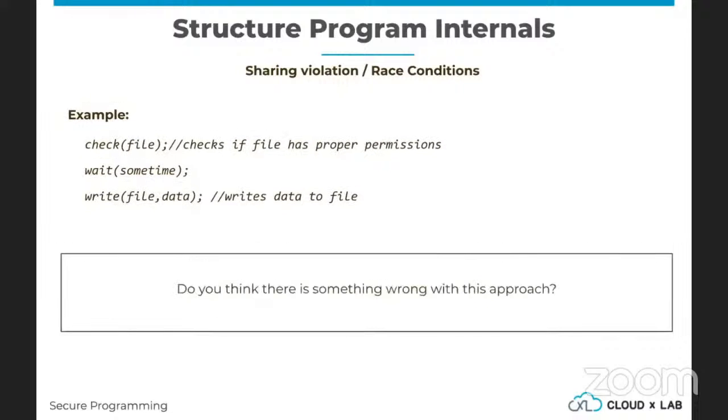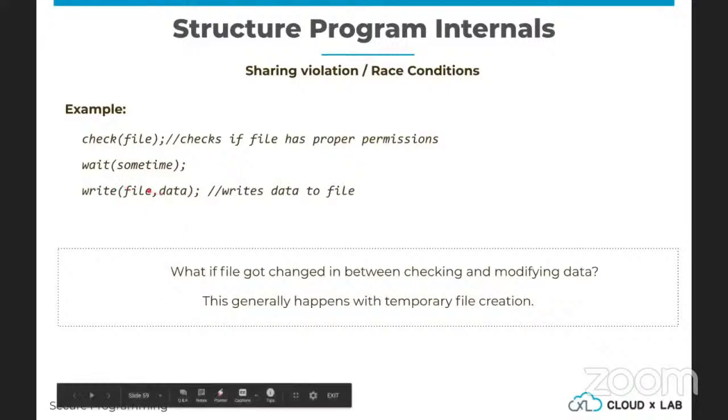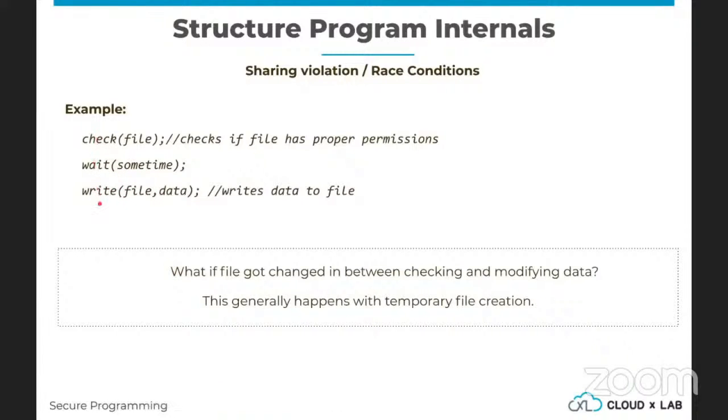What if this file got changed in between checking and modifying the data? Yes. So this was a big problem, and it led to lots of Unix system compromises. An attacker would slow down the execution of the process by overloading the system, so that between checking the file and writing to it, the file got changed.